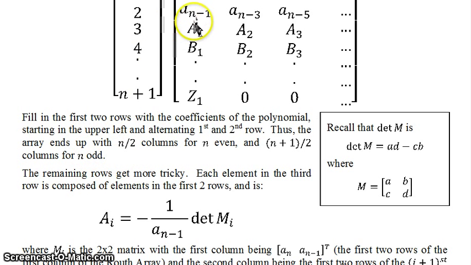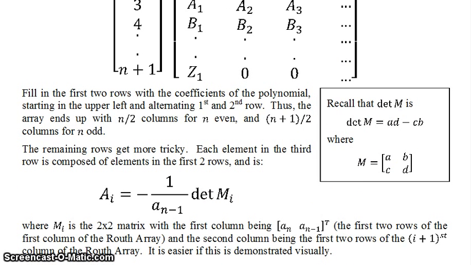Each A_i is equal to minus 1 over a_(n-1), times the determinant of some matrix M_i. And don't forget what the determinant of a 2 by 2 matrix is. Now the way you construct this 2 by 2 matrix is that the first column is a_n on top of a_(n-1).